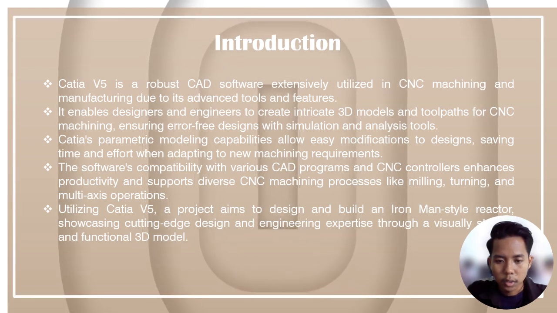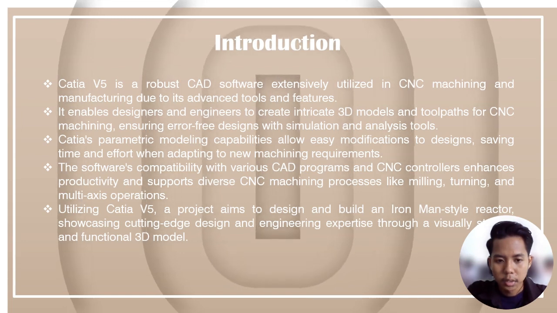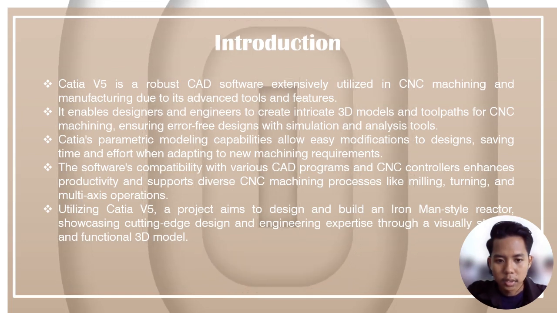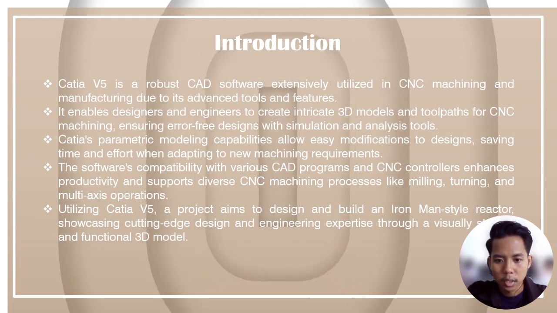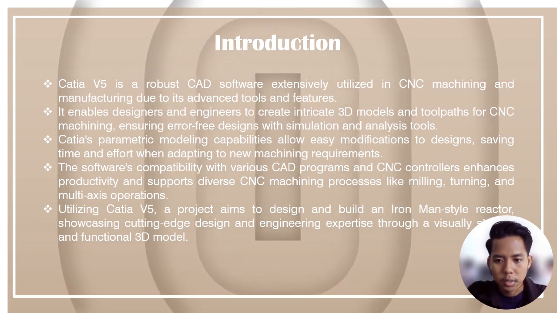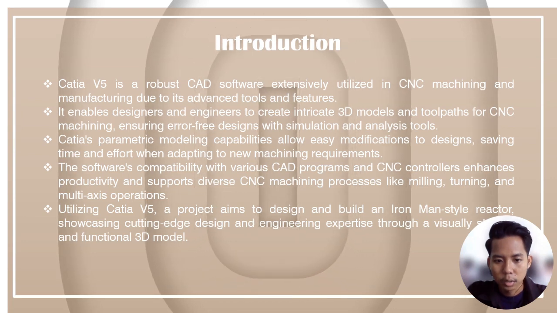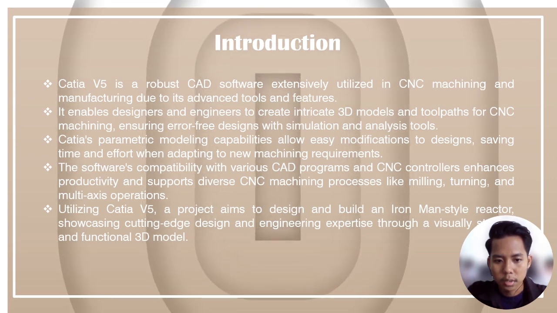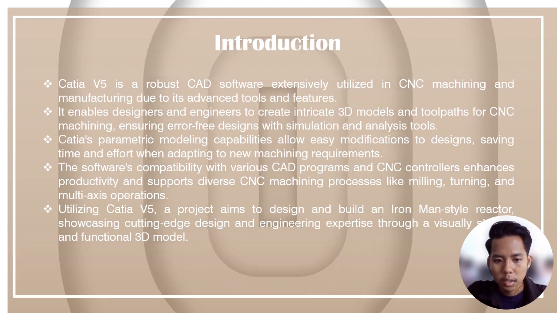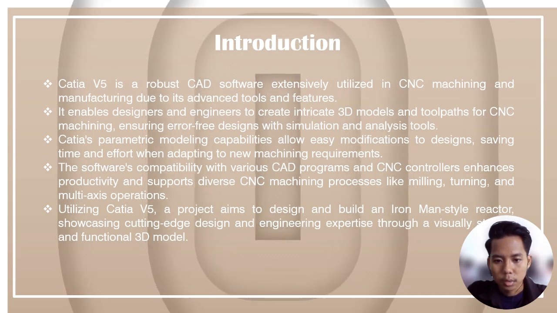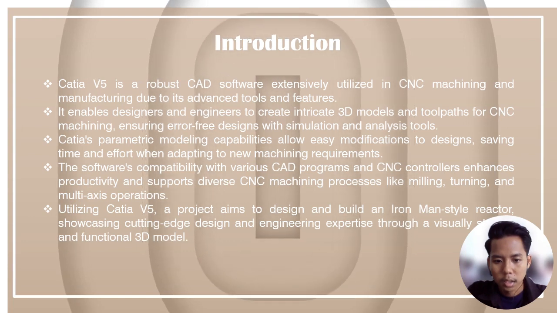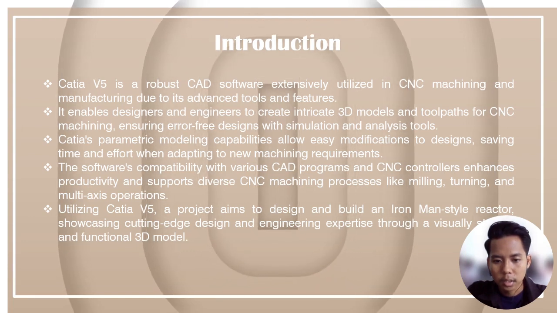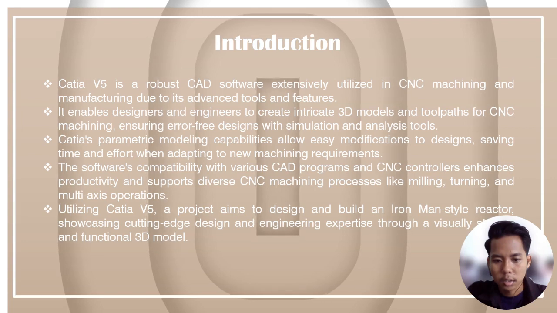Okay, first we are going for our introduction. CATIA V5 is a robust CAD software extensively utilized in CNC machining and manufacturing due to its advanced tools and features. It enables designers and engineers to create complex 3D models and toolpaths for CNC machining, ensuring error-free designs with simulation and analysis tools.